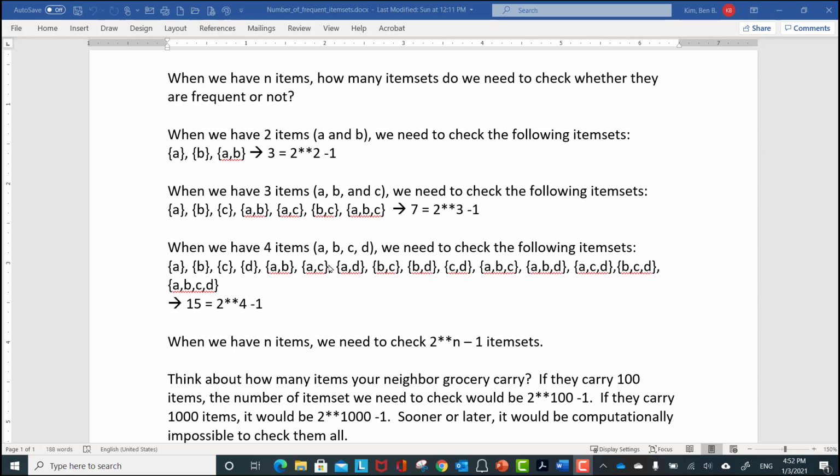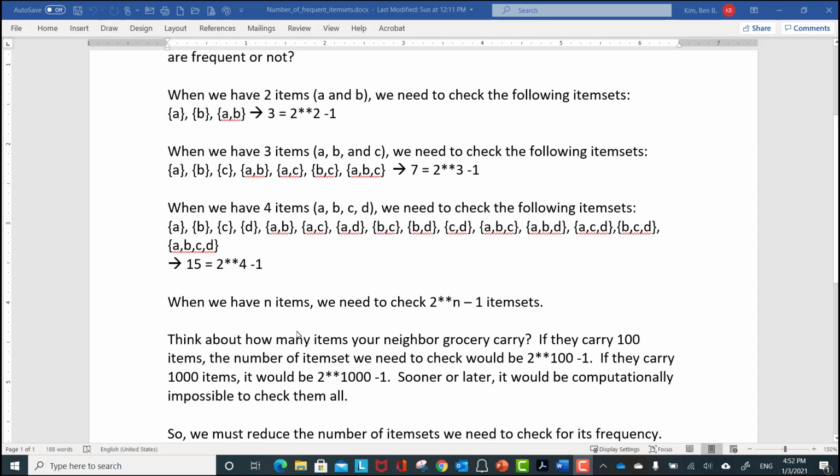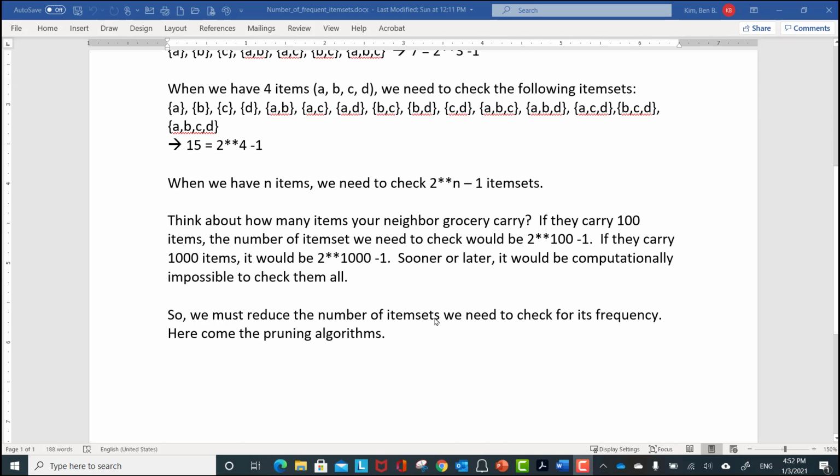So we can prune all these item sets from our consideration. That's how we control the level of complexity in association analysis. Otherwise, we just cannot do that. The computational complexity is beyond the capacity.